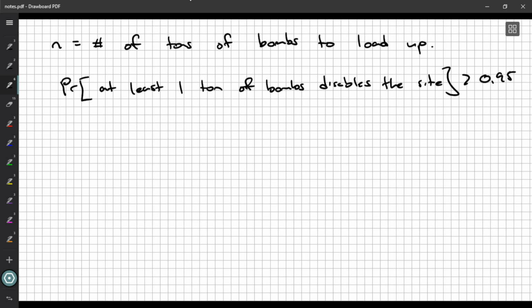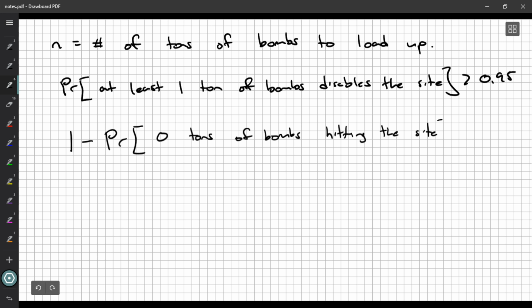So what could we do? Well, at least 1 ton of bombs doing their job is the same as not, so we'll do 1 minus no tons of bombs hitting the site. And we still want this probability, even though we've now written it a different way, to be greater than 0.95.